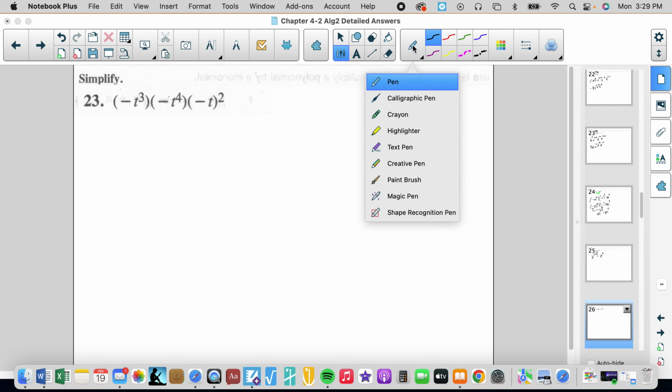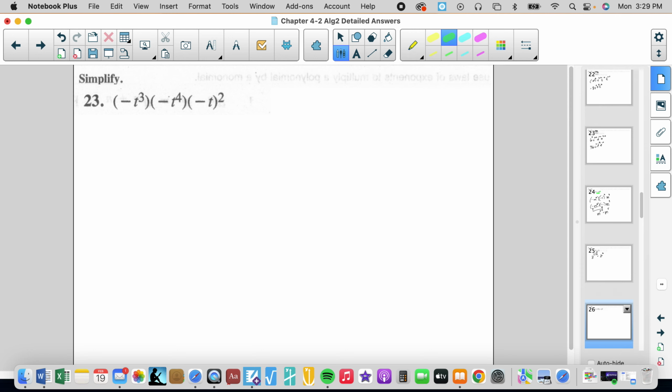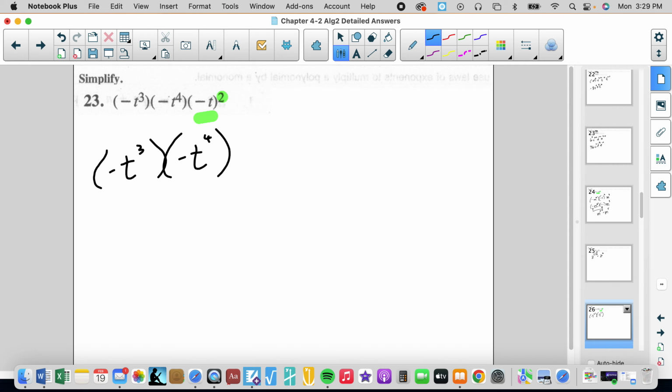We have an exponent outside, so we have to deal with that. All those other exponents are inside, so we have negative t to the third, negative t to the 4th, then we have negative 1 squared, t to the 2nd. So those negatives, well, let's simplify, let's be consistent.